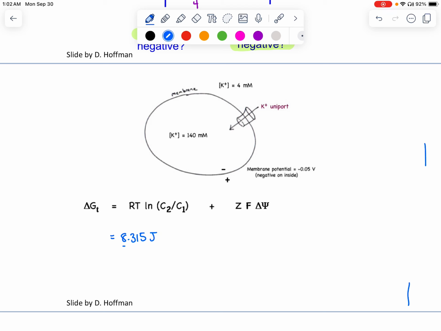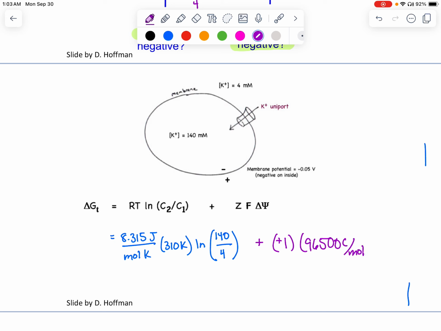So when I look at this, 8.315 joules per mole Kelvin times my 310 Kelvin times the natural log of 140 over 4 is the part on the left. And then for the part on the right, I've got my +1 charge because it's potassium ion, times my 96,500 coulombs per mole, times negative 0.05 volts.